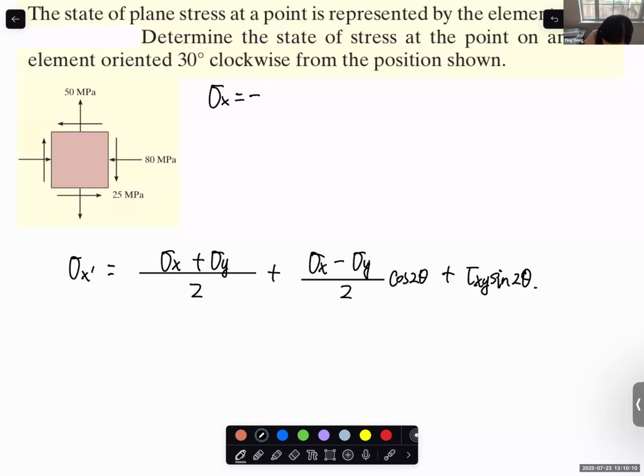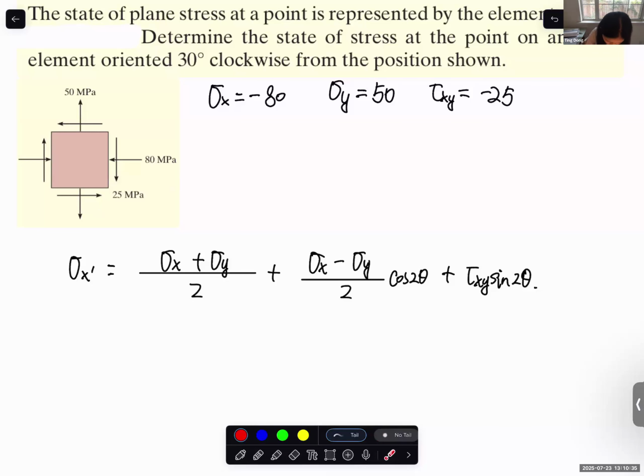Yes, negative 80. Sigma y? Positive, thank you. Tau xy? Positive 25 or negative 25? Negative, thank you.